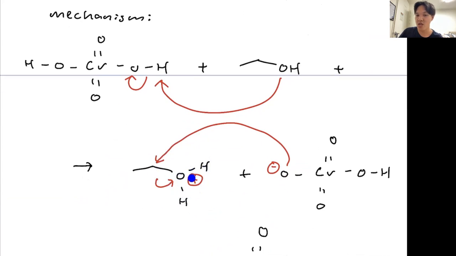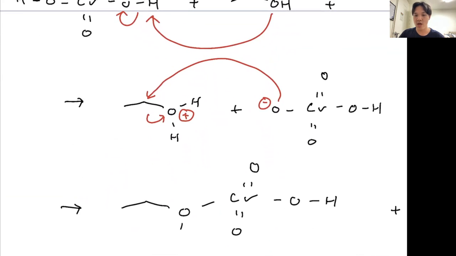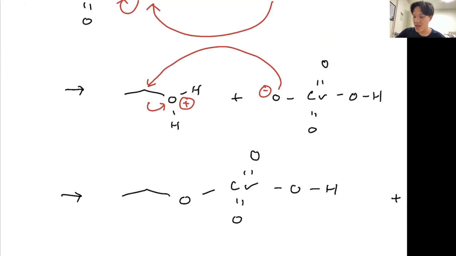As this positively charged O occurs, the O negative will attack the carbon, and at that same time, in an SN2 type reaction, the water will leave, right? Once that water leaves, we're left with this molecule over here, okay?